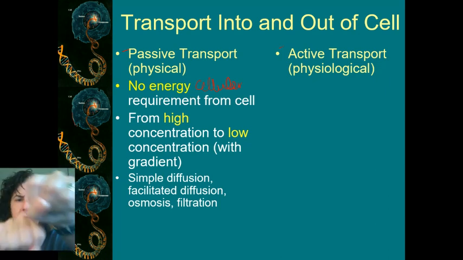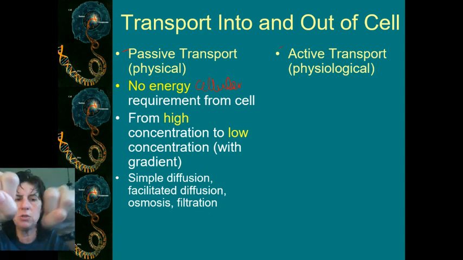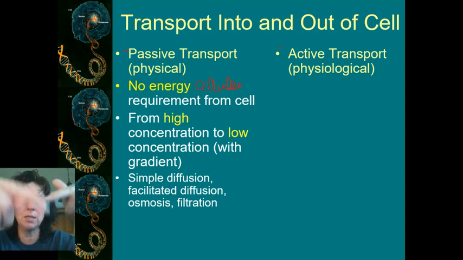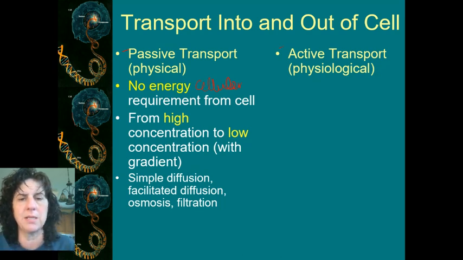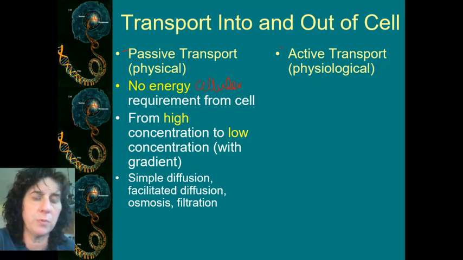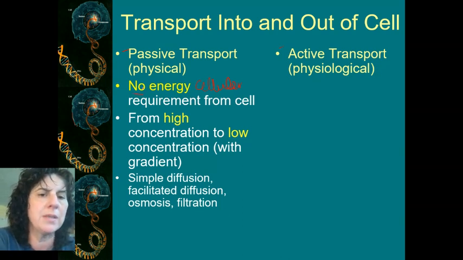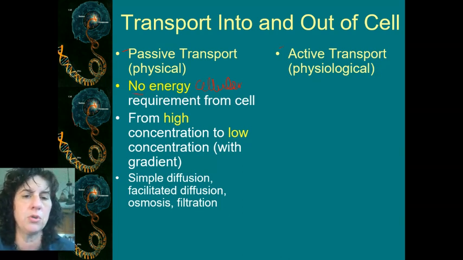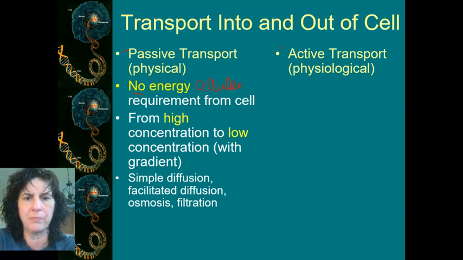As they move around, they start to bang into each other, and they're moving because those electrons are spinning around the nucleus of the atom. Then they bang and start to push apart, further and further. So the atoms themselves have energy. In passive transport, it utilizes that own kinetic energy of the atom without the cell expending any of its own energy. So it doesn't have to make ATP for this, okay?